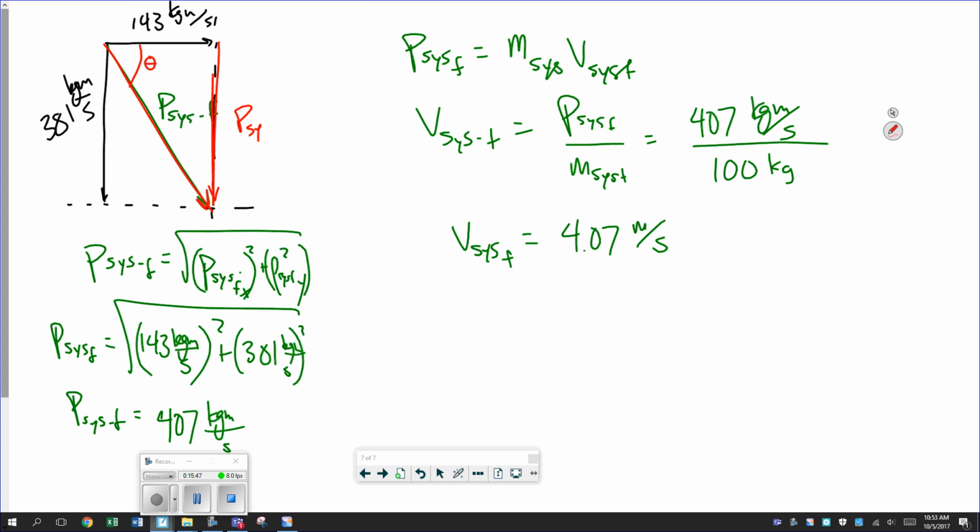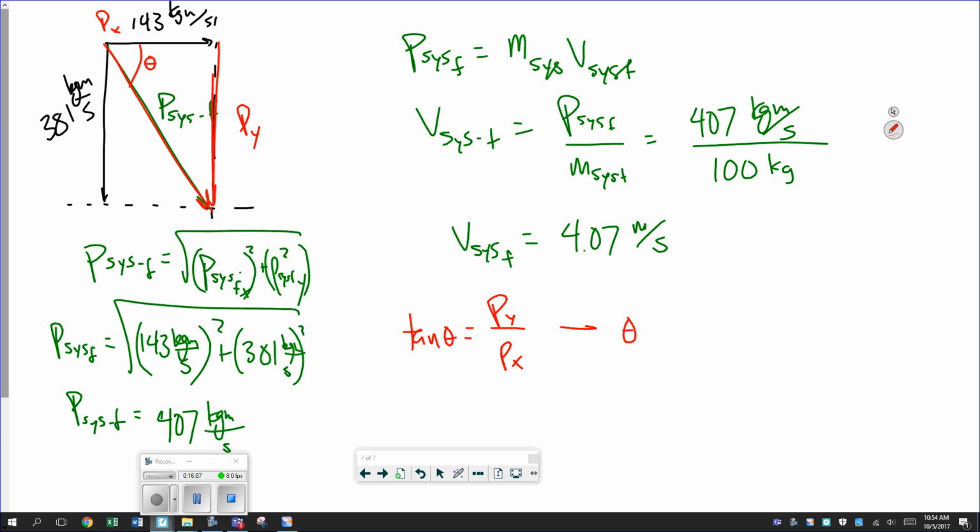All right, and the way I'm going to do it is I'm going to say, well, here is P. I'm tired of writing systems and finals, so I'm just going to write this is Py. This part up here is Px. Right? So trigonometry says that the tangent of theta is Py over Px.